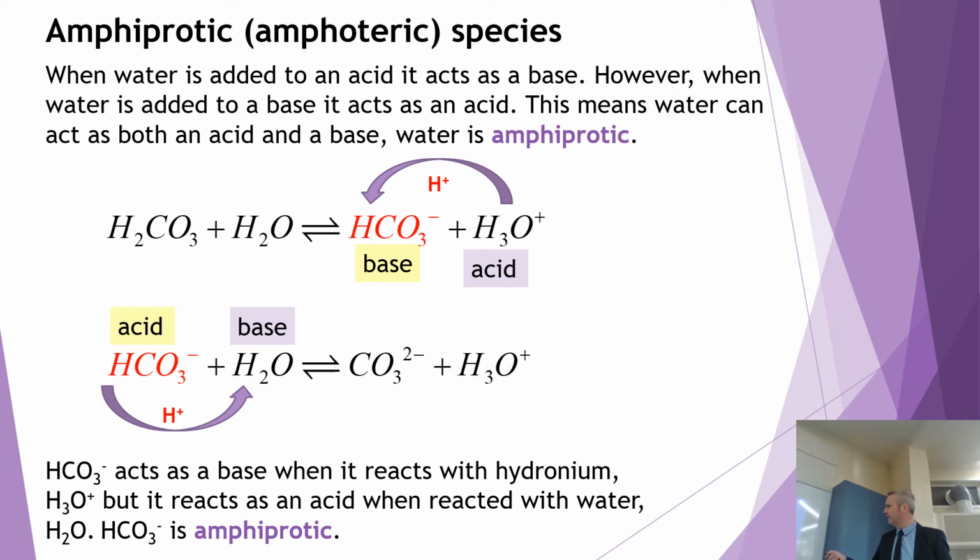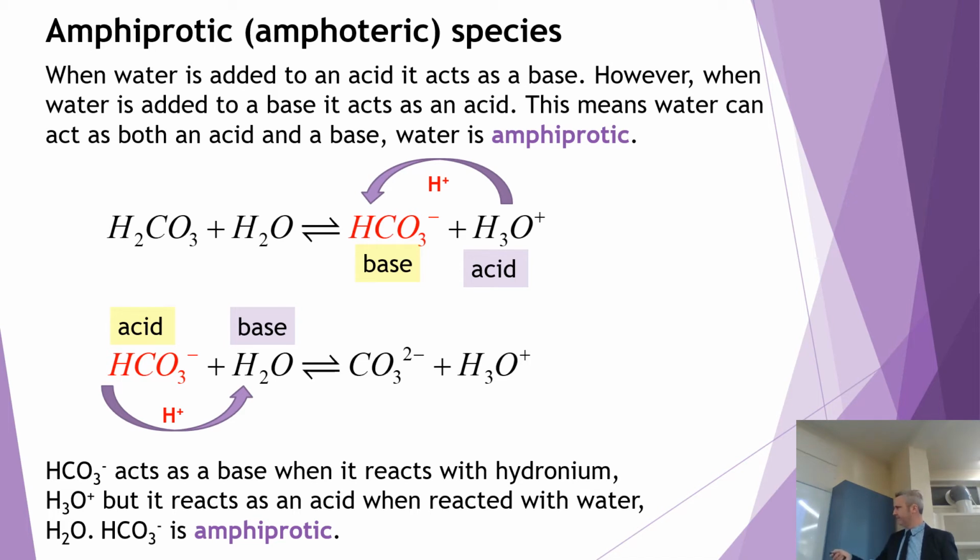How is it that this species can be a base sometimes and an acid other times? This is what amphiprotic means: they can be an acid or a base depending on the situation. When I put hydrogen carbonate with this acid particle, it was a base, right? This one is more acidic than that, so it's going to donate its proton.